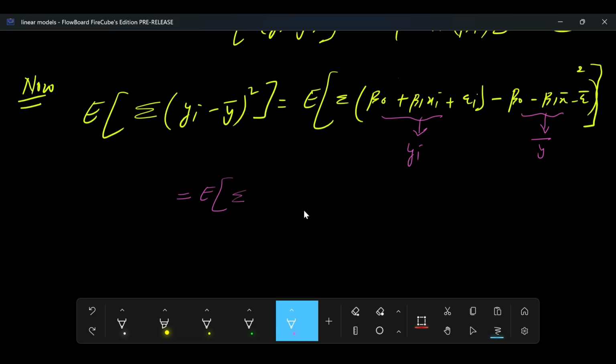So this is expectation of summation. See, this beta naught and this beta naught cancel out.